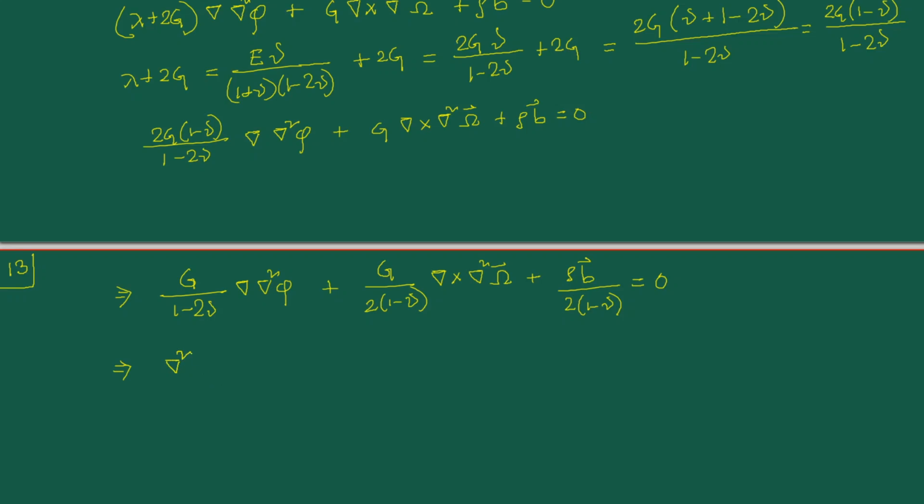So I'm just going to rewrite this as the Laplacian of g into 1 minus twice nu grad of phi, plus g divided by 2 into 1 minus nu curl of omega, equal to minus rho b vector divided by 2 into 1 minus nu.